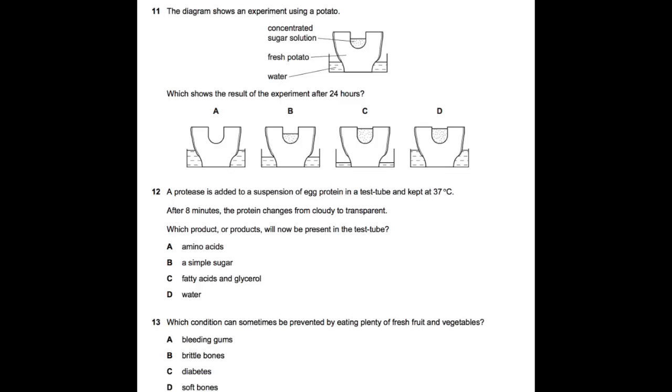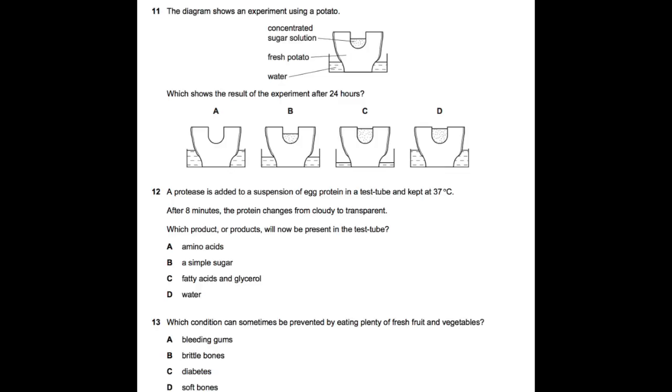Question 13. Which condition can sometimes be prevented by eating plenty of fruits and vegetables? Bleeding gums, brittle bones, diabetes, or soft bones? Brittle bones is a disorder resulting in fragile bones that break easily. It comes from your genes and starts from birth. Diabetes is a disease when you consume too much sugar.